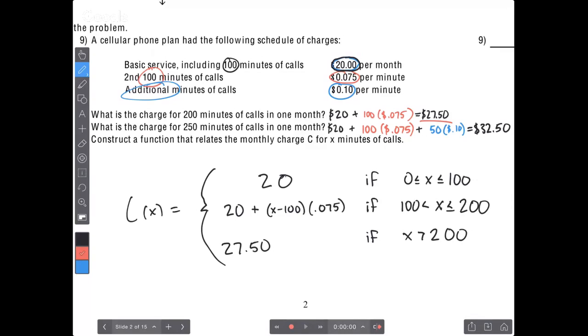For exactly 200, plus additional costs for every X over 200 of 10 cents. And that's what I get for number 9.